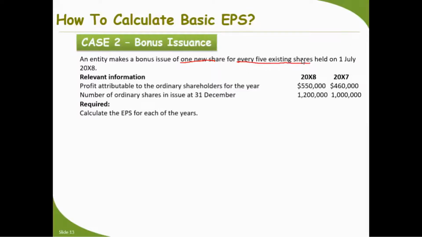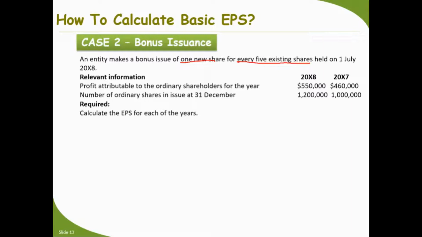Now, the bonus issuance is one new share for every 5 existing shares. It means the existing shares were 1 million.